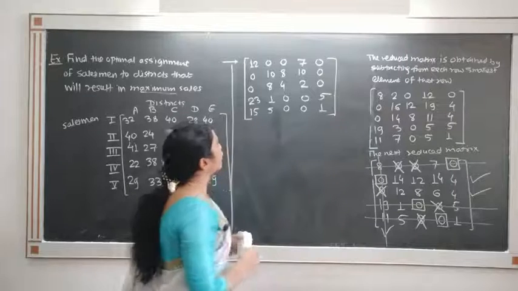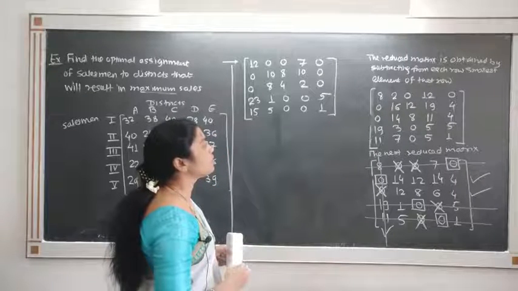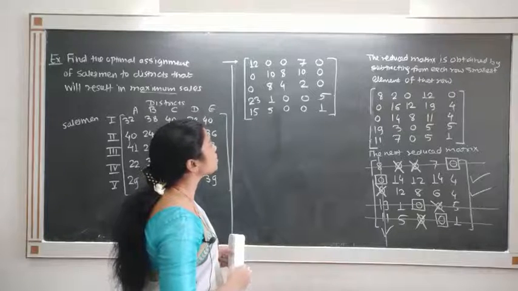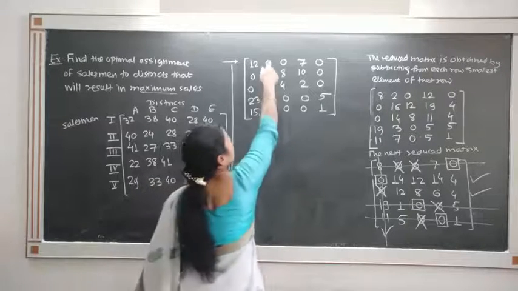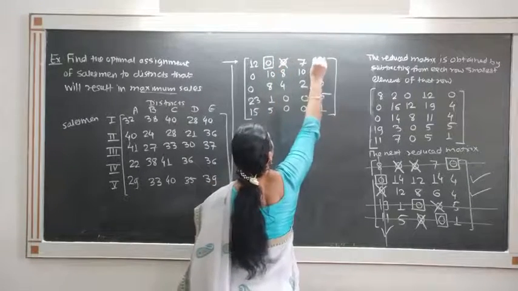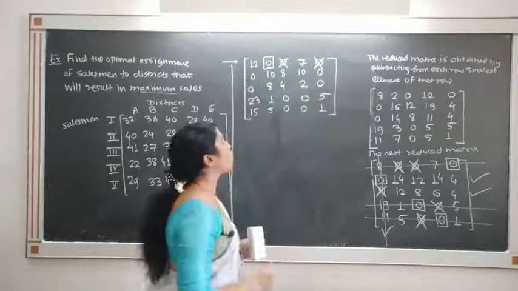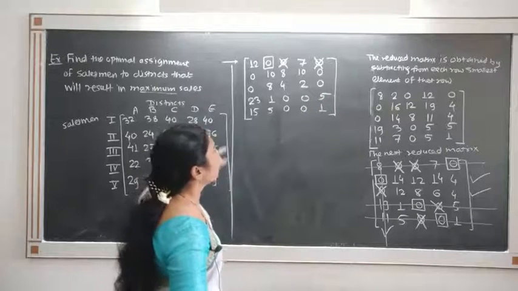Now observe that each row contains 0, and similarly each column contains 0. So search for a single 0. A single 0 appears in the second column, so box that 0 and at the same time strike out the remaining in that row or column. Again search for a single 0.